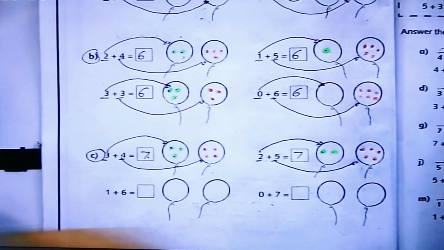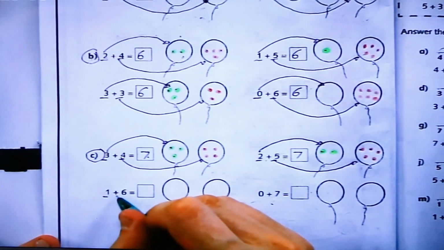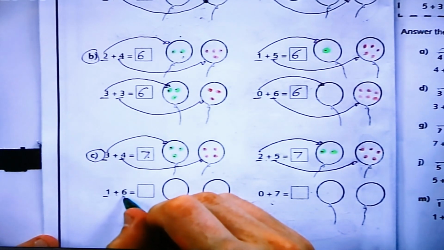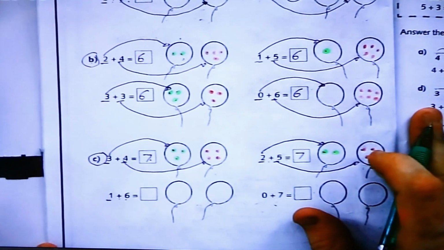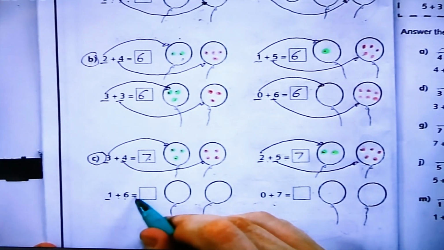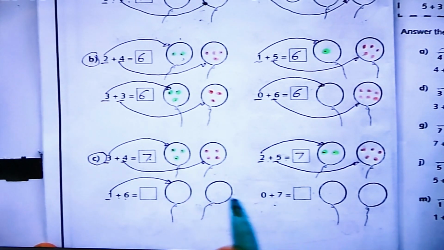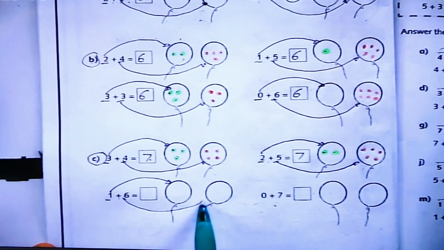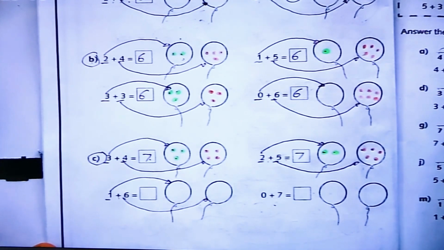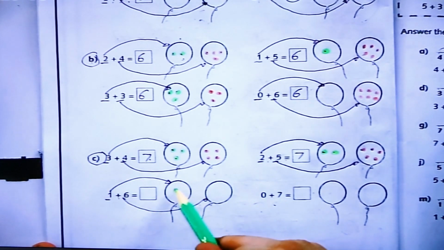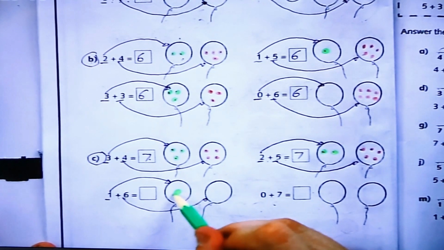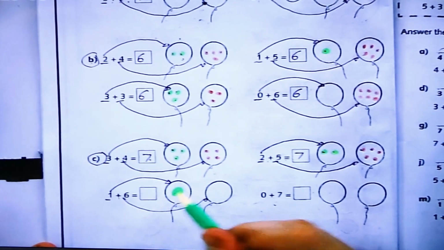Okay, next one. 1 plus 6 equals, so we're going to put in 1 spot there, 6 spots in that one. So 1 into the first balloon, a nice big one. Wow, yes.